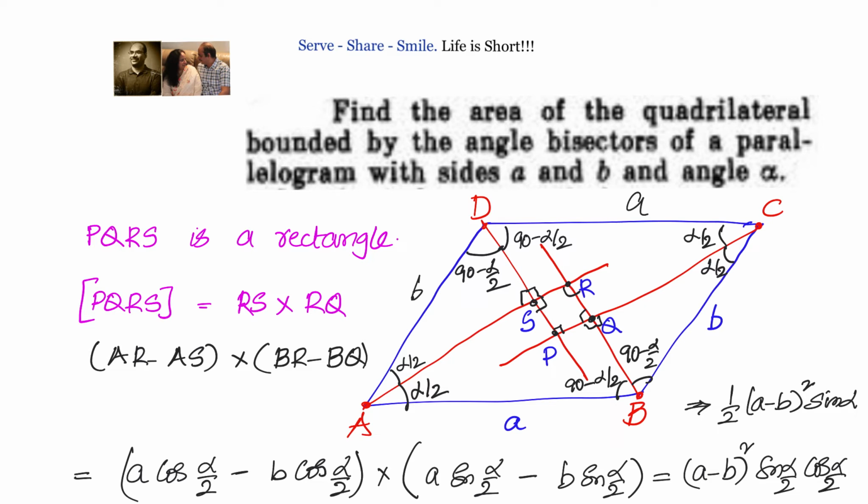So we have alpha by 2, 90 minus alpha by 2, 90 minus alpha by 2. Now let us look at triangle ASD. The angle sum property will give you 90 degrees, meaning the angle at S is 90 degrees. Similarly, in triangle BQC, the angle at Q is 90 degrees, so the angle at Q inside the quadrilateral is also 90 degrees.